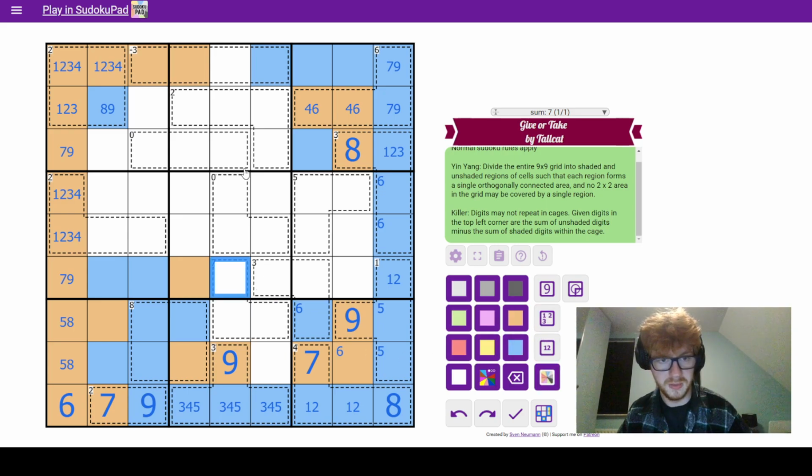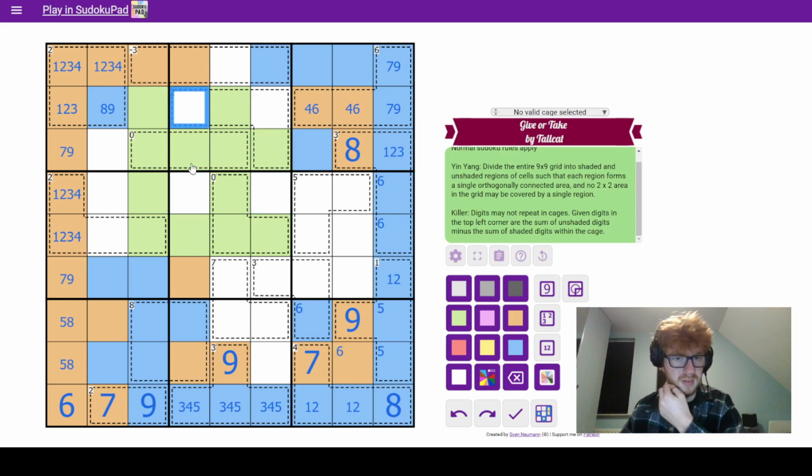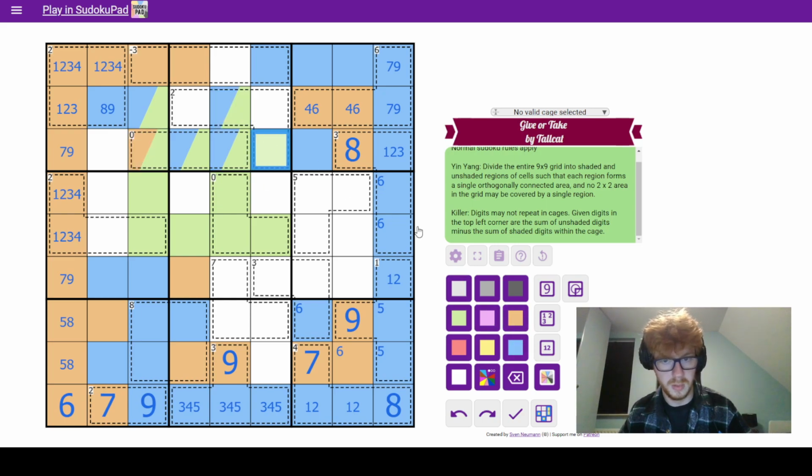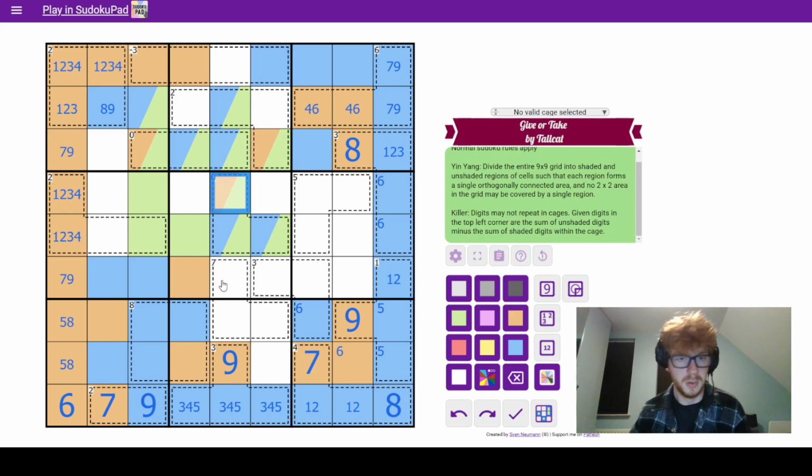There's a few ways to color the 7 cage. I'm going to blend a bit of this area and make them green, right? Let's just say this is the 7 cage. You can do blue, blue, orange. I guess you can have blue and orange. You can have blue and orange, because we determined it can have 2 oranges and 1 blue.